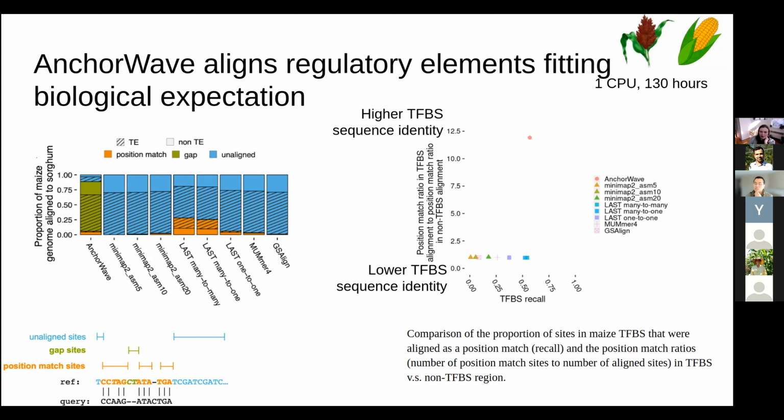So for most of the other genome aligners, there's no enrichment for these transcription factor binding site alignments. They're right about 1. Whereas AnchorWave is getting us over 10 times the alignment rate in these transcription factor binding sites than it is in other regions of the genome, which indicates to us that we're in this optimal zone of identifying real conserved sequence in this 8%.